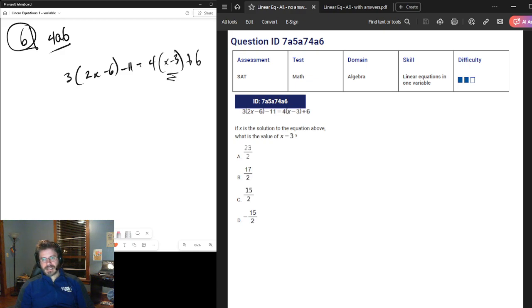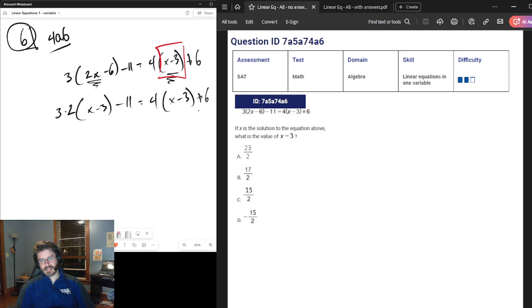I want to get this x minus 3 term by itself, because that is what we are solving for. So I'm going to factor this side first. I'm going to factor a 2 out of that, and we get 3 times 2 times x minus 3 minus 11 equals 4 times x minus 3 plus 6.